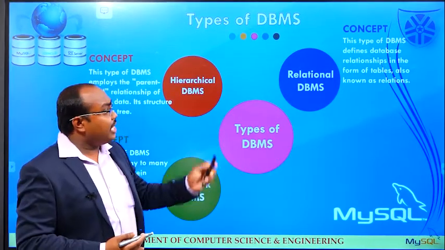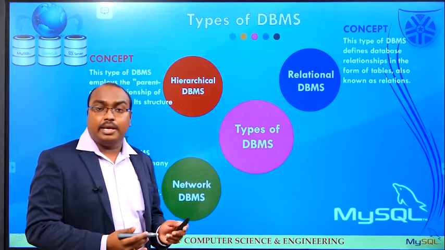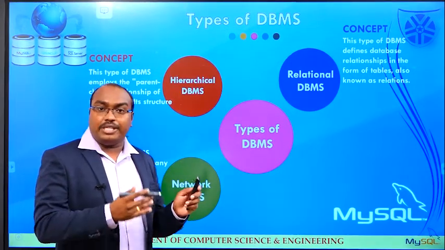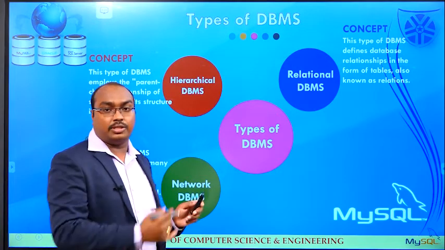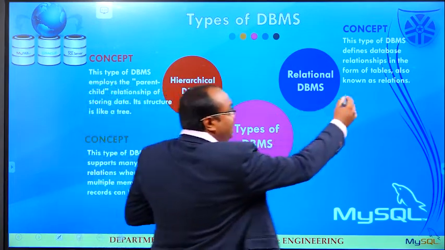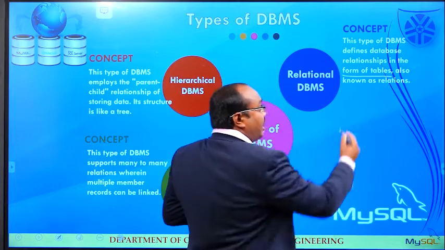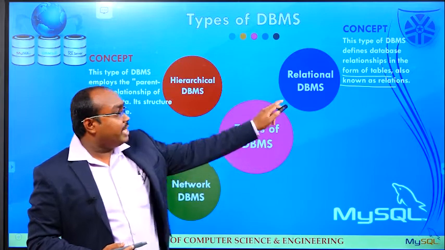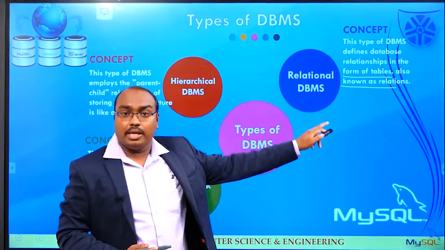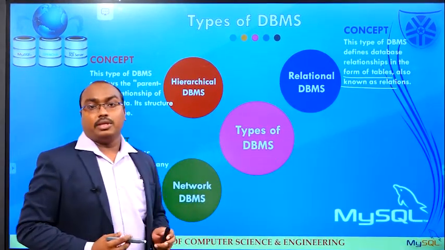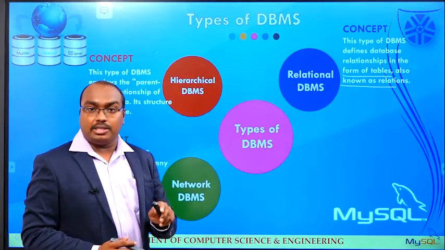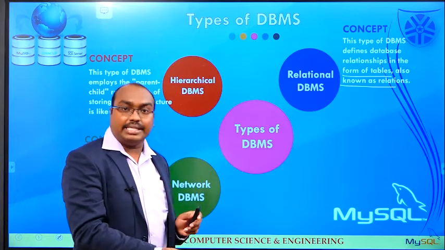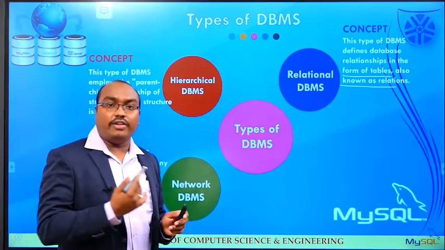In the relational DBMS, the data should be kept in table format, stored in rows and columns, also known as relations. Now DBMS is mainly used in this relational format. So the entire data is kept in tables, that means rows and columns. We can simply insert, retrieve, and modify the data.